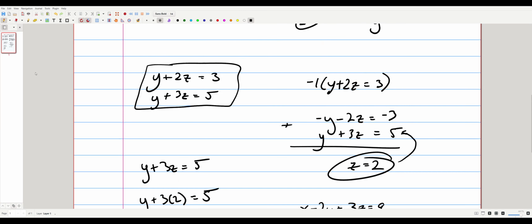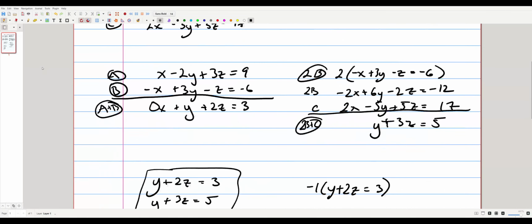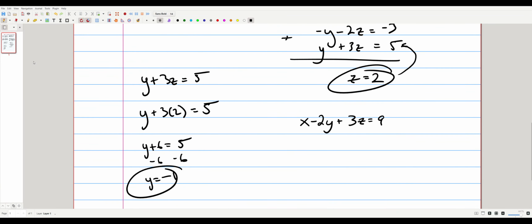I'm just going to check to see. x minus 2y plus 3z equals 9. Cool. And so now we know what y is. We know y is -1 and z is 2, so we can replace both of the variables. So we'll go x minus 2 times -1 plus 3 times z, which is 2.